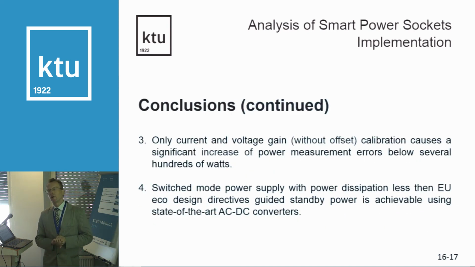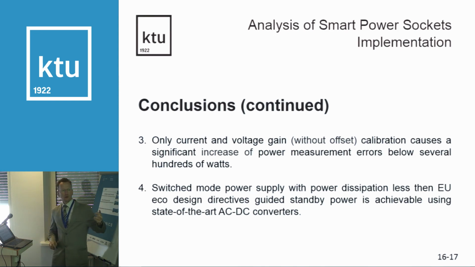Calibrating or finding only the gain of the measurement channel of current and voltage is also causing an increase of errors in the low power range. At least offset and gain should be calibrated.